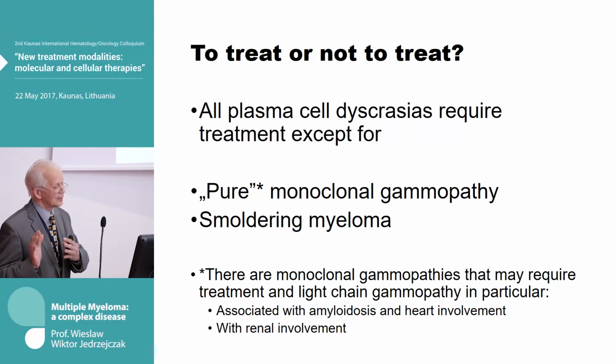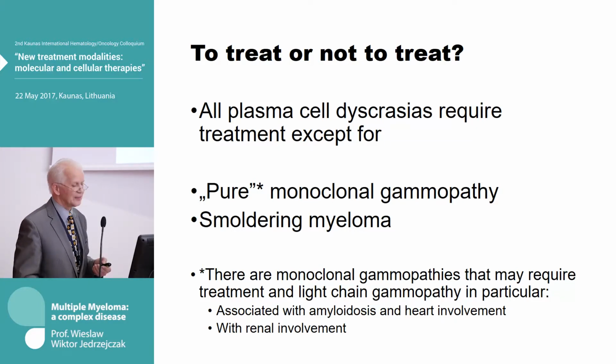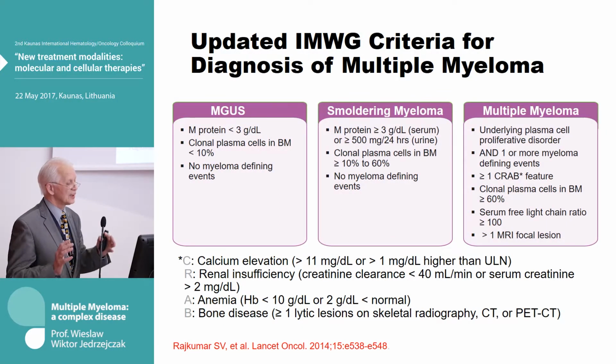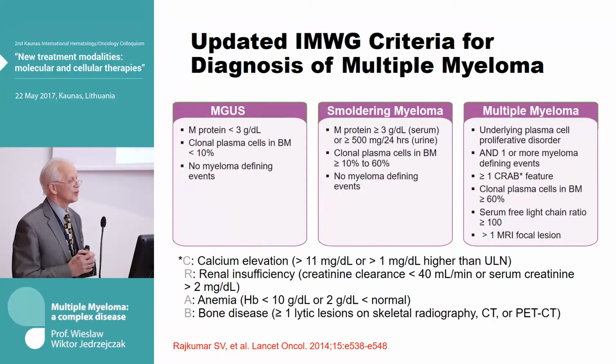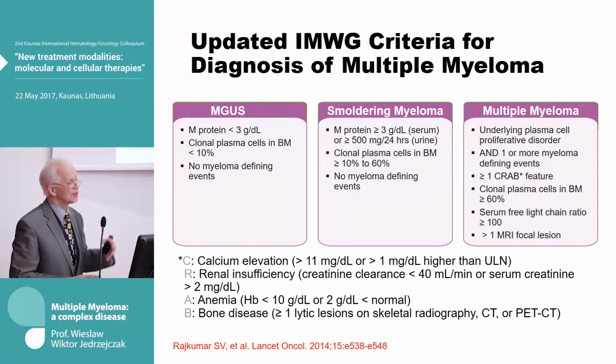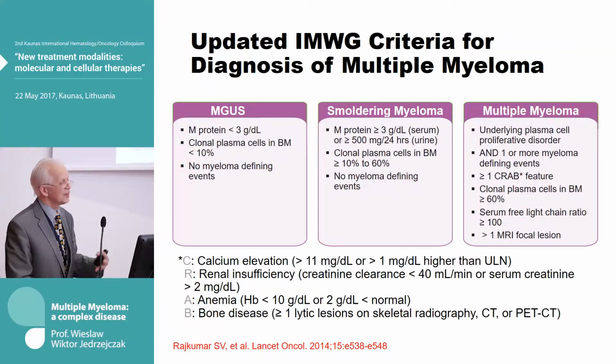So they are now subclassified as different variations of this situation. Generally, these days we follow criteria developed by the International Myeloma Working Group, which differentiate monoclonal gammopathy of unknown significance, smoldering myeloma, and multiple myeloma.